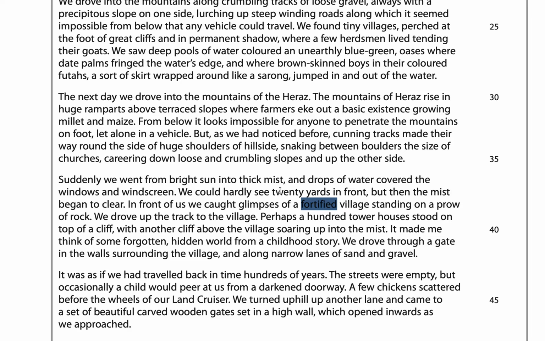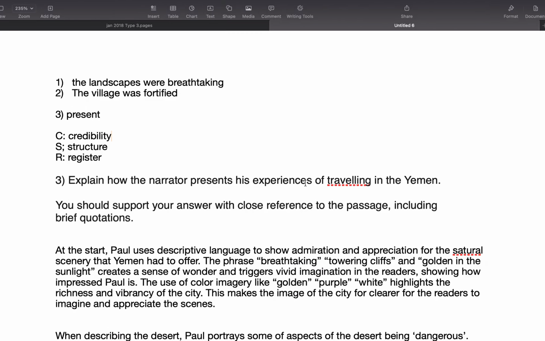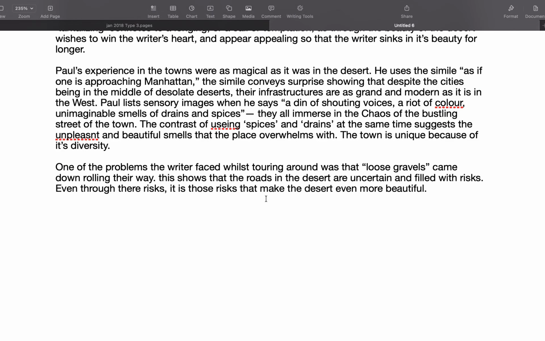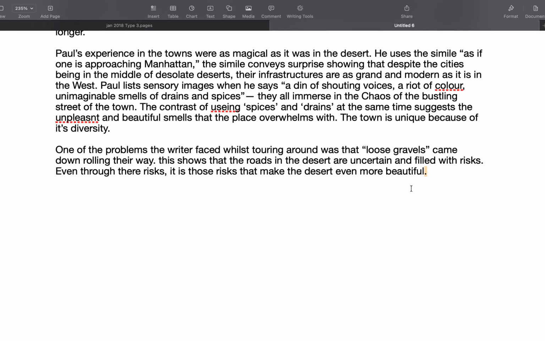So one of the things we can say is that Paul describes the villages near the tracks as tiny and, what did he say? Fortified. Now let's describe the word fortified.